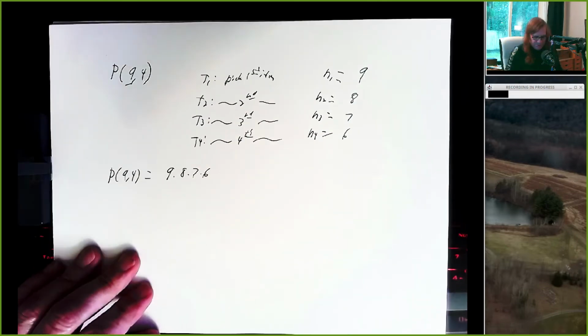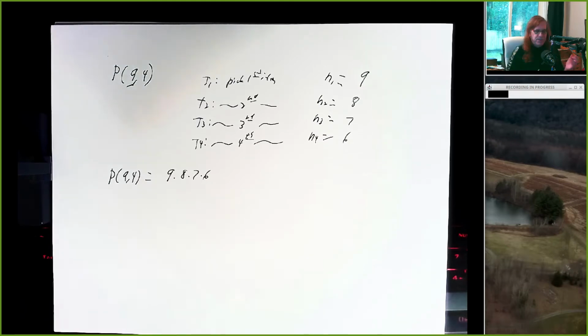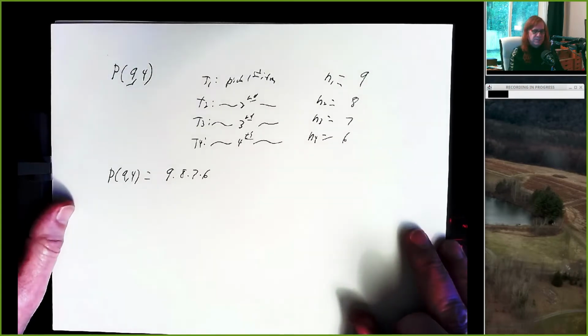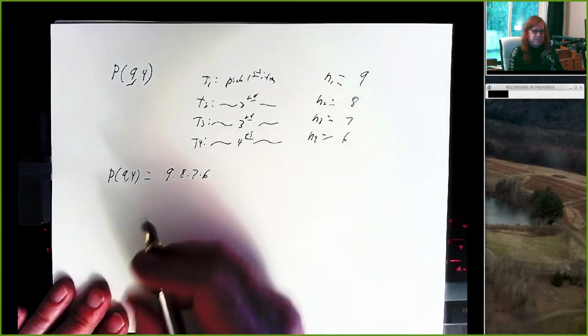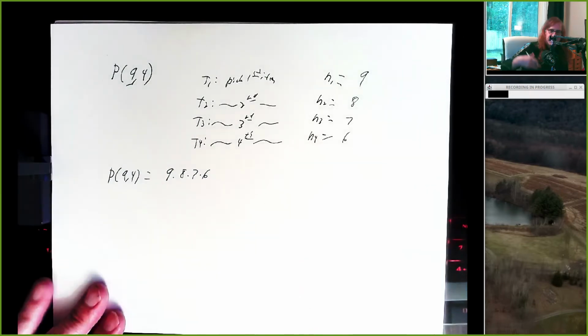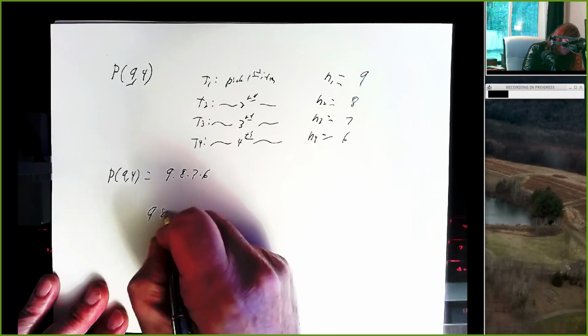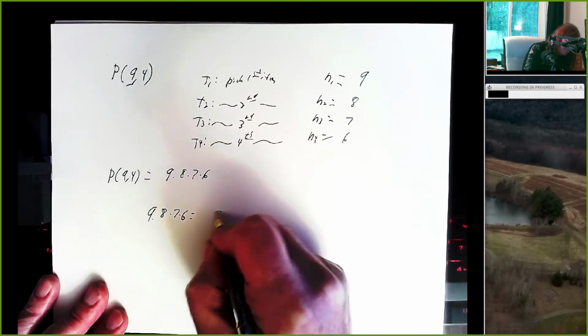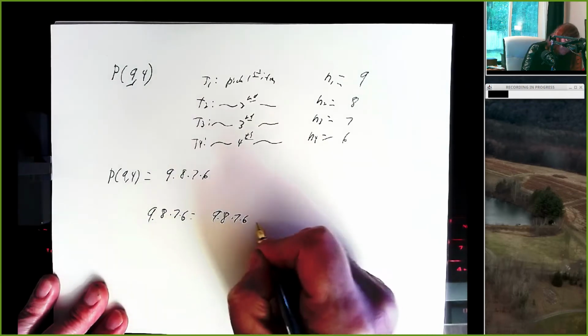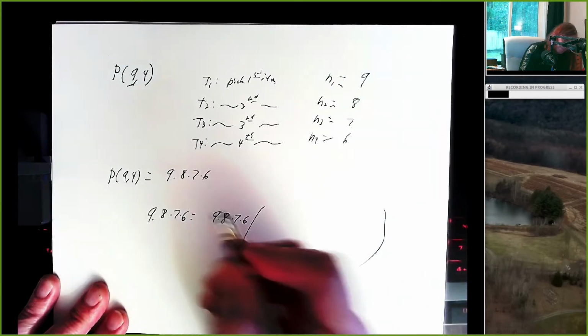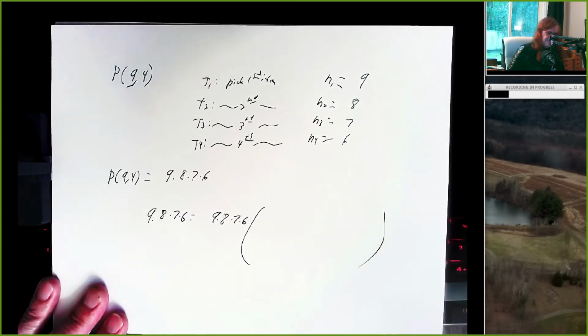But we want to find an easier way to write that, and we can do that using factorials. So we're going to do this trick that we do sometimes of multiplying by 1. We're going to take 9 times 8 times 7 times 6, and multiply by 1.